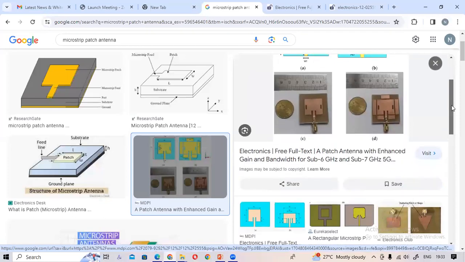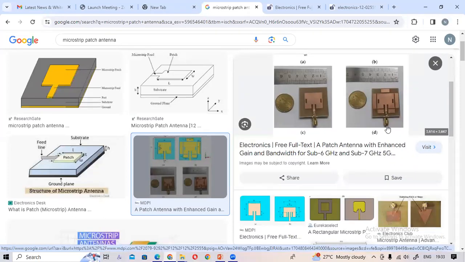This is an SMA connector. The inner pin is connected to this line, so that is the feed point. The signal is fed in here, and this outer part is the ground part.